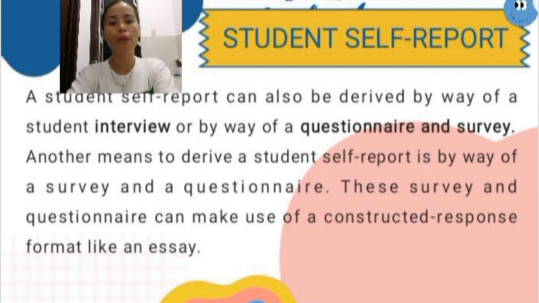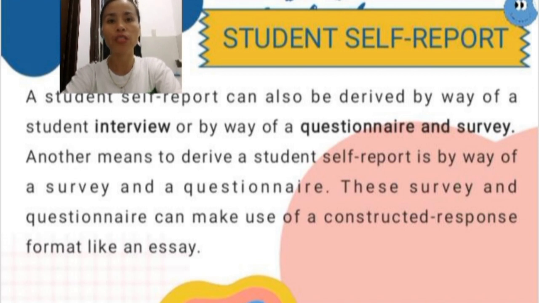Another means to derive a student self-report is by way of a survey and a questionnaire. Actually, there are two types of survey and questionnaire. First, a constructive response, and then second, a selective response.